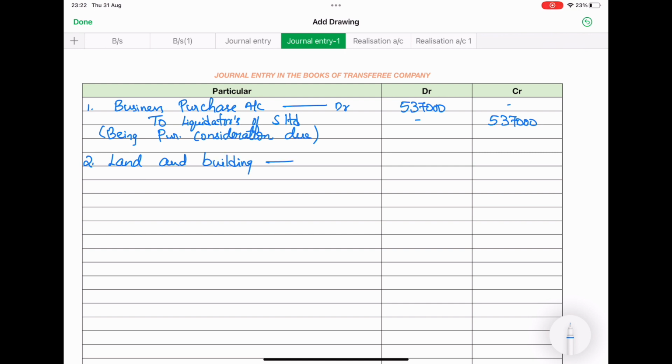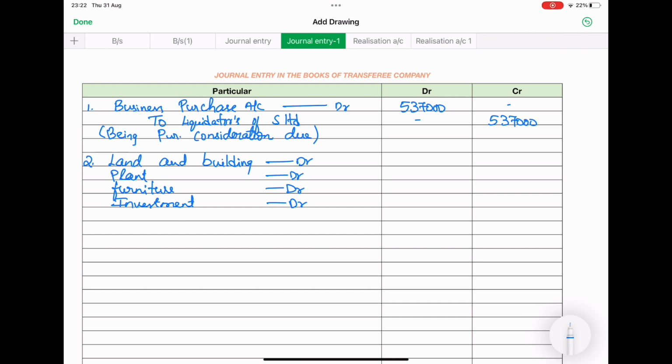Land and building, plant and machinery. I'll just write plant. Next we have furniture and fittings. I'll just write only furniture. However, you are going to have the questions in your hand, hopefully. So next we have investment account. Sorry, I'm not writing the asset values. I thought of writing them last, but I'll write them now.